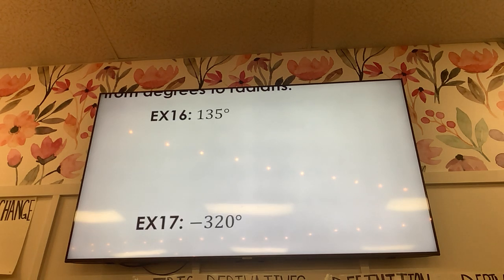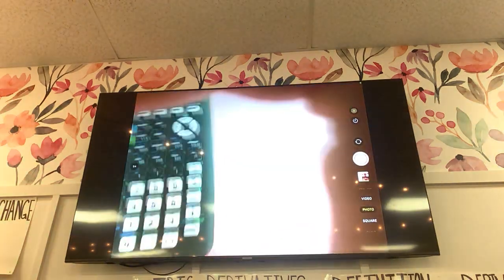So this is a degree because it has the little open circle, and we want to convert it to radians. So I'm going to multiply it by pi over 180. And when you write your radians, I want you to get used to writing it in terms of pi, which means don't plug pi into your calculator.